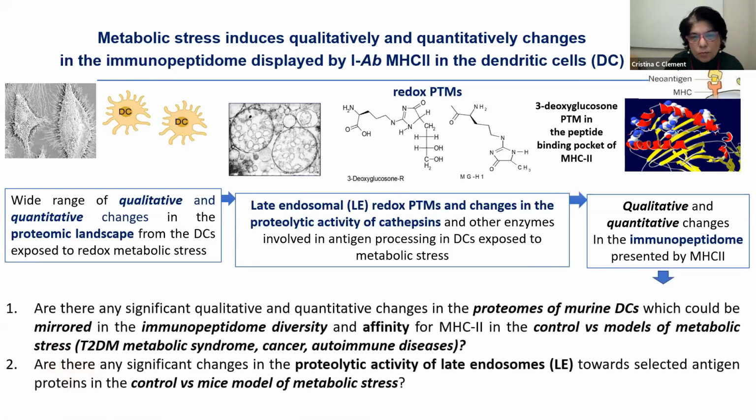So the main question we wanted to answer is: if you have these proteomic changes and accumulation of PTMs during the metabolic redox stress in the proteome, how is that reflected in the end at the level of the immunopeptidome? And of course, we wanted to better understand the late endosomal processing of antigens, which could indeed affect the immunopeptidome display, the affinity, and then the diversity on MHC class 2.